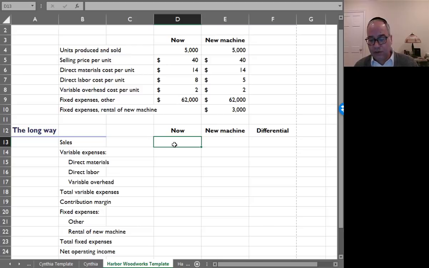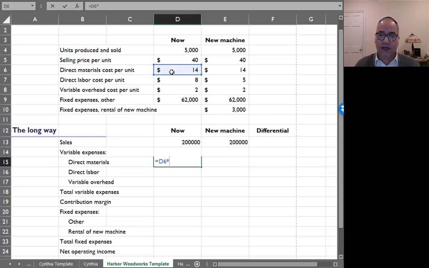Like so. You would do sales 5,000 times 40, or 200,000. Then my variable expenses would be direct materials 14 times 5,000. Direct labor would be 8 times 5,000.